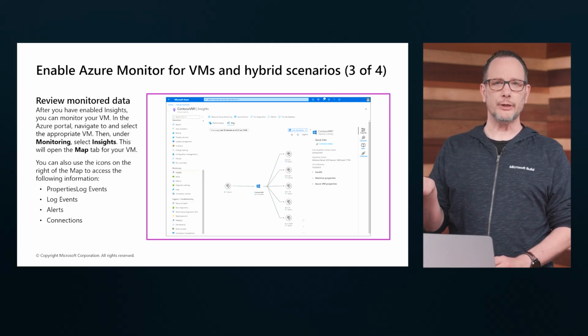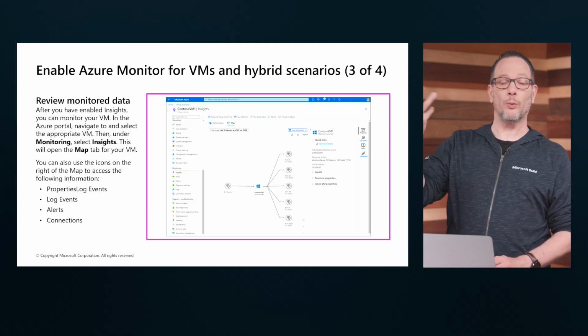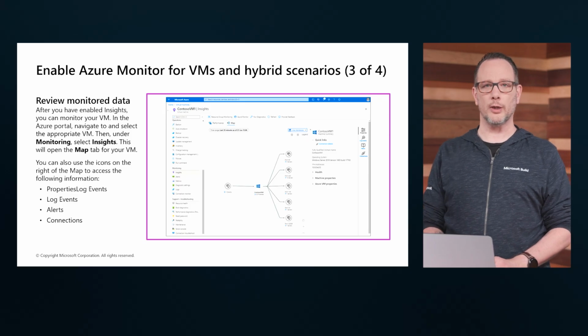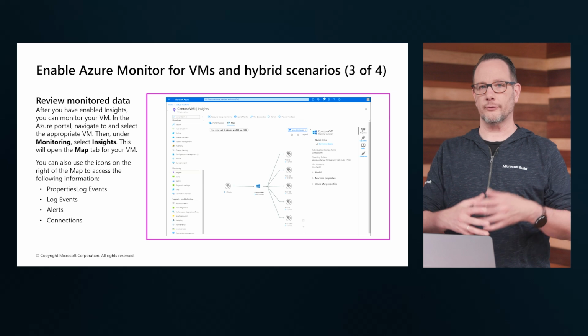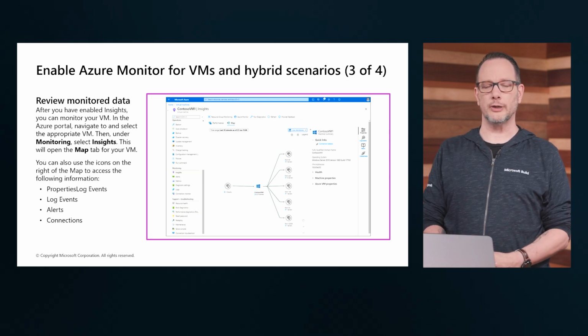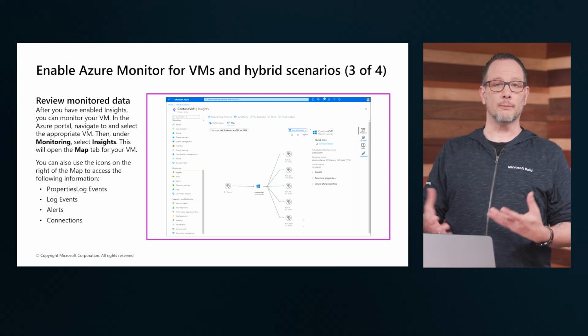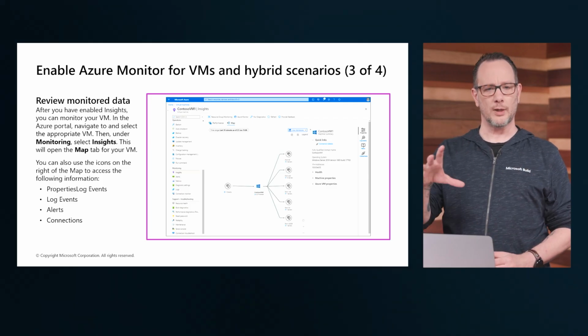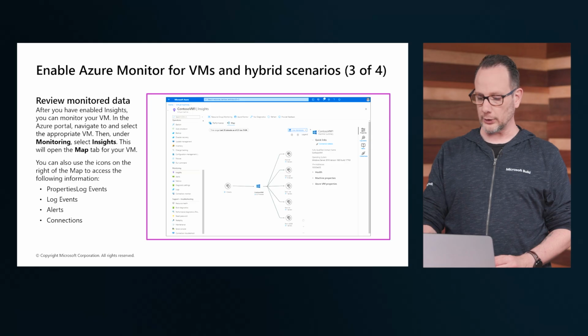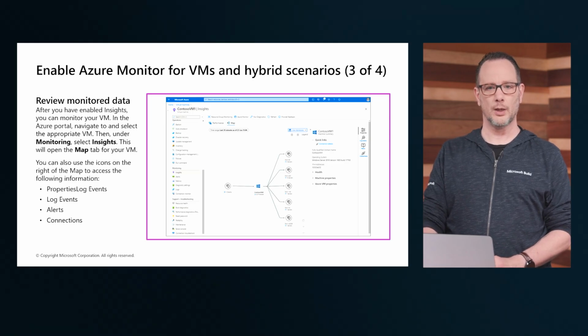An easy example: a web application workload is already running in an Azure VM, but the database backend, maybe some file servers, maybe some other components out of the application stack might still be running on-prem, where you want to get that full topology view, and that's a little bit what the screenshot here is trying to illustrate.